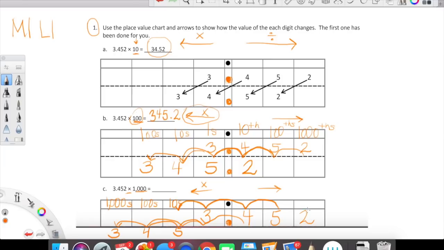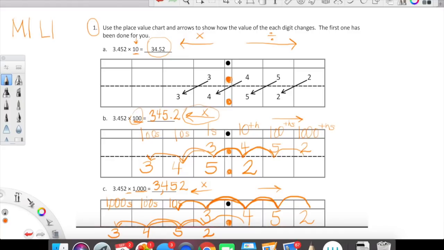Okay, 2 thousandths all the way down here is going to be multiplied by 1,000, which means 2 thousandths is going to shift to the left 1, 2, 3 spots, so we no longer have 2 thousandths, we have 2 ones. So when we multiply 3.452 times 1,000, our final product is 3,452.